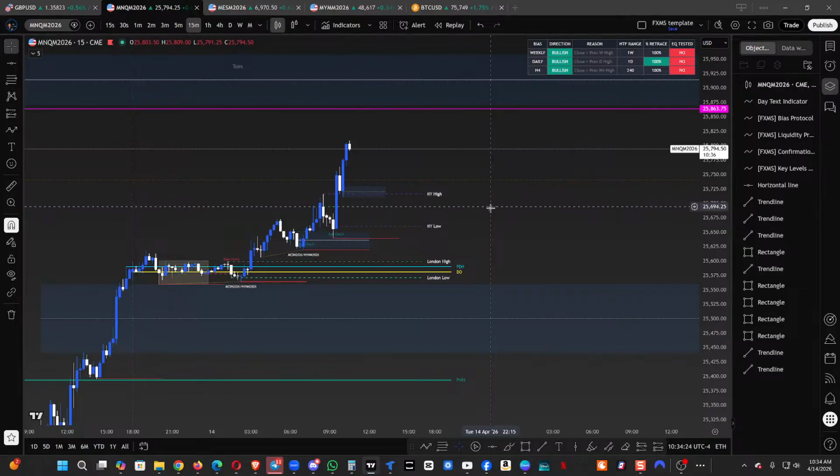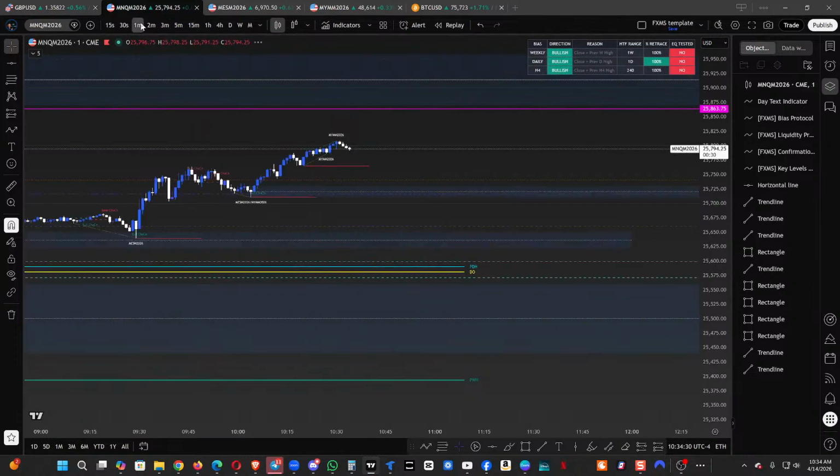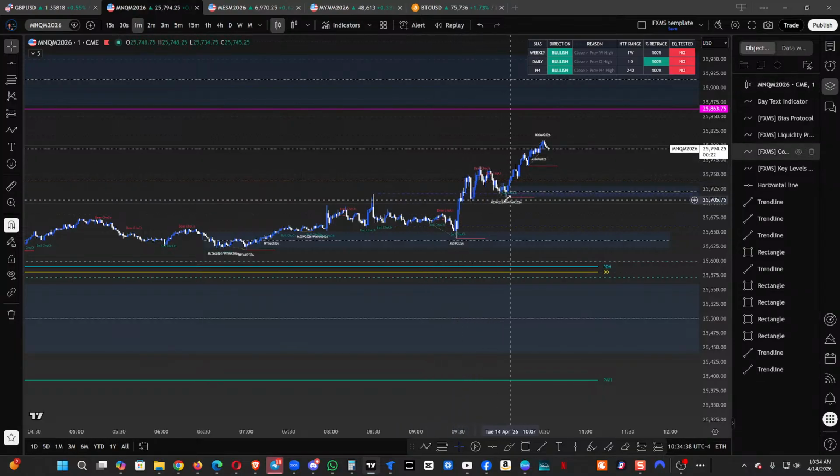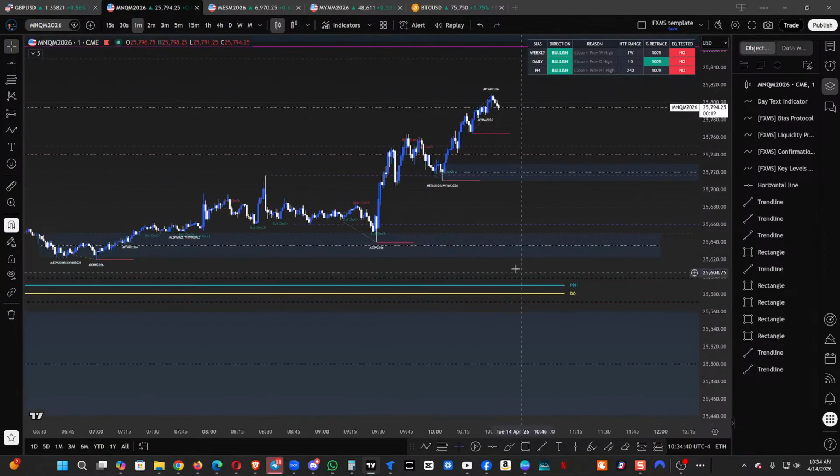We did get one retracement here on the 15-minute imbalance, and then it didn't give us a confirmation retracement. We did get this little retracement back into this imbalance, and then the push up. This retracement would have been the entry.